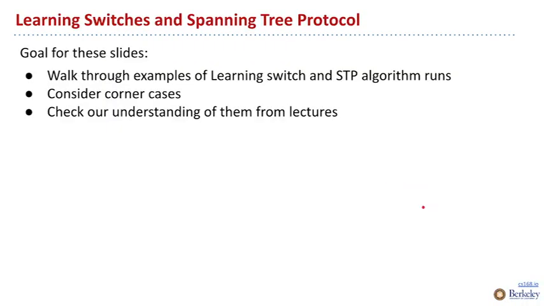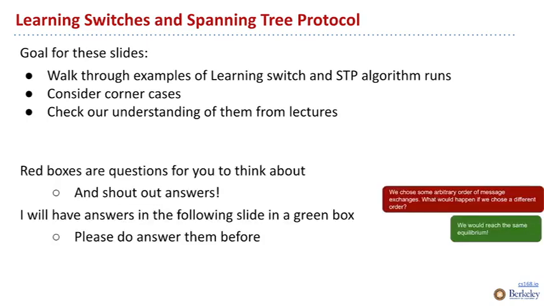So the goal is to walk through some examples with learning switches and the spanning tree protocol, and stress what we have learned through the online lectures in Murphy's recordings, and look into the corner cases, some interesting things that don't happen all the time, but we should think about and test our understanding that we understand the whole flow right.